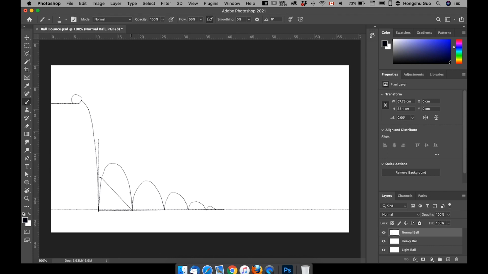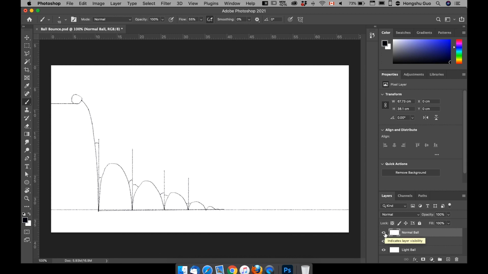If I draw a line here in the center, or even at each of these touching points, excuse my bad drawing, but technically speaking, this angle is going to be the same as this angle, and this angle is going to be the same as this angle. The angle at which the ball hits the ground is the same angle at which the ball leaves the ground. That's the second important thing I want you to remember. We're good with this example.